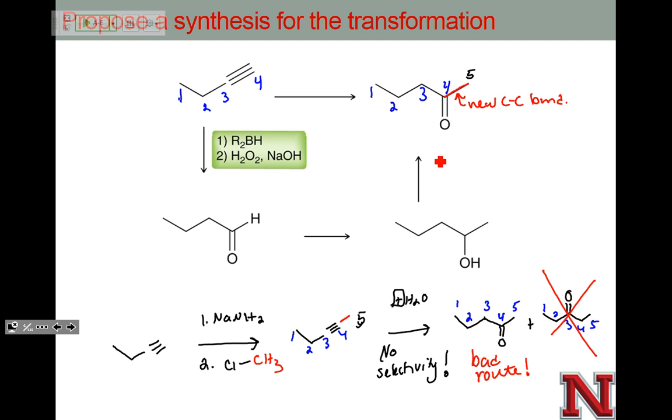Once we have this, we can react the Grignard with it. Now remember, we need a carbon-oxygen double bond for our Grignard to react with. So we can put in a CH3MgBr, and that attacks our carbon 4, forming our new carbon-carbon bond between carbon 4 and our new carbon 5.